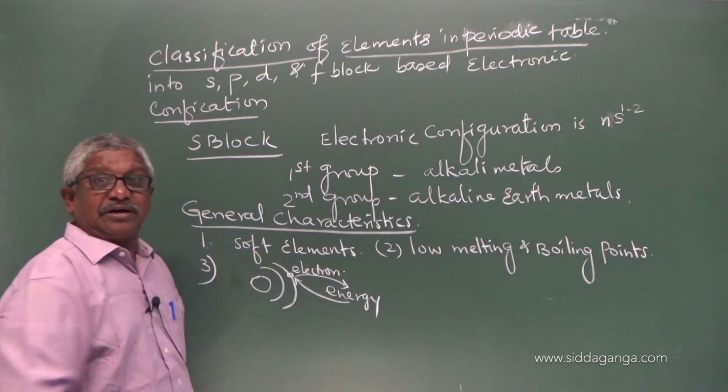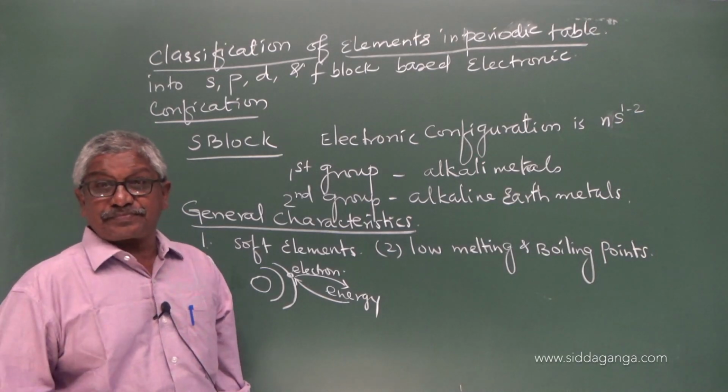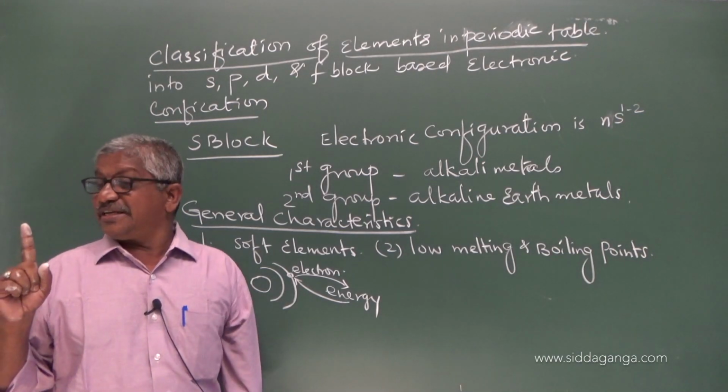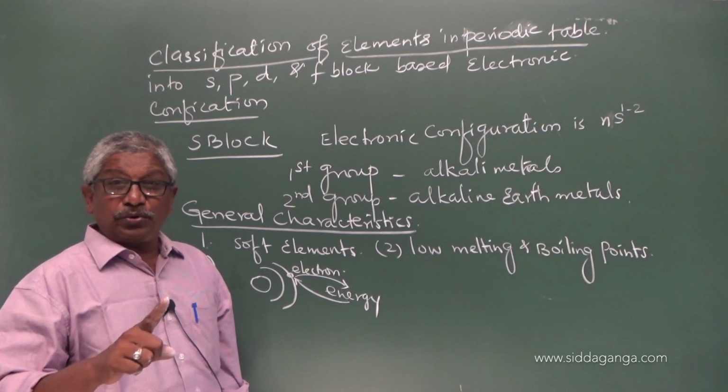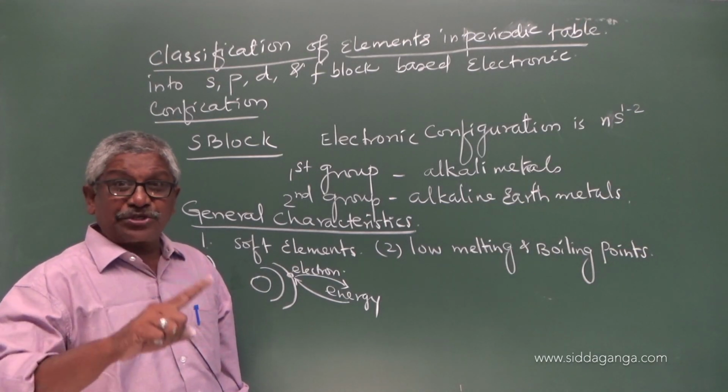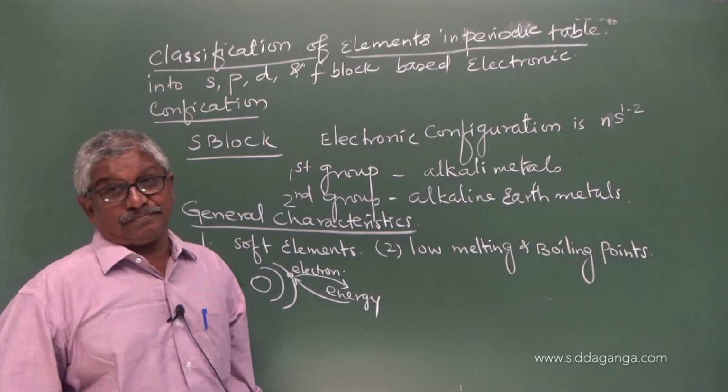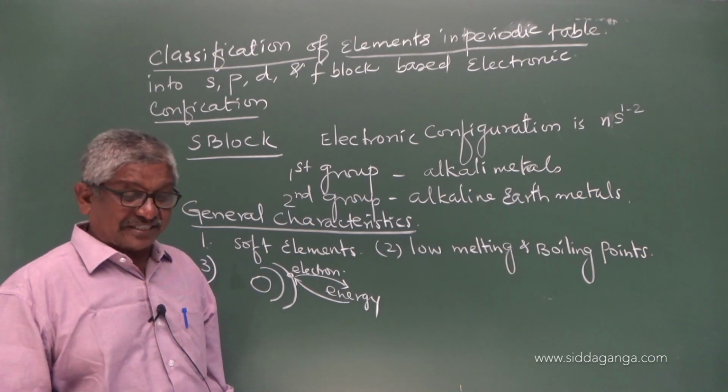This energy is called ionization energy. The energy supplied to remove an electron from the outermost energy level is called ionization energy.